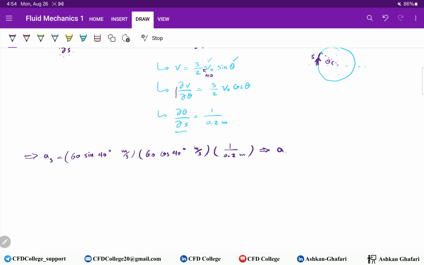So AS can be found as 8,860 meters per second square. And as you can see, this equation was a bit more difficult, but you can solve it if you know the general equations.